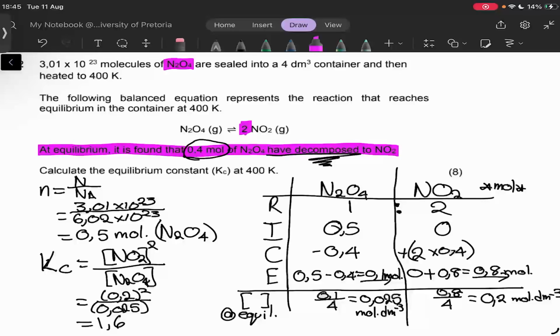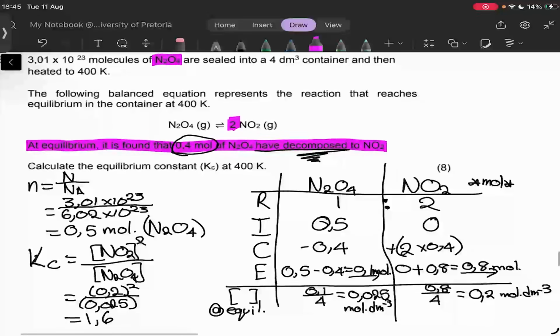We have a negative change for N2O4 because N2O4 is decomposing to form our product of NO2. That's why it's negative 0.4. Whereas on the other side, it's positive 2 times that because it happens according to the ratio. And we just calculate everything else accordingly.